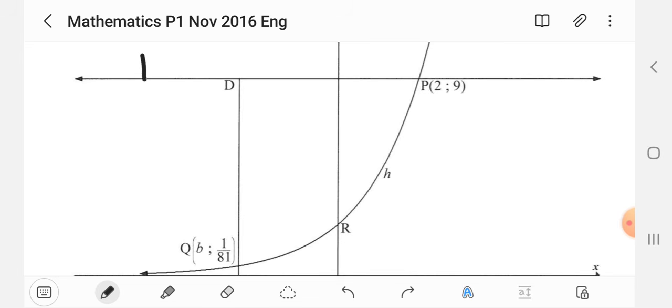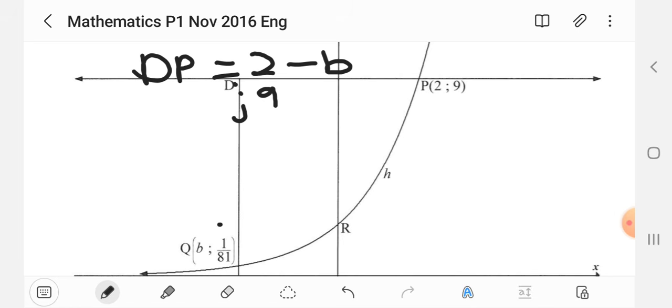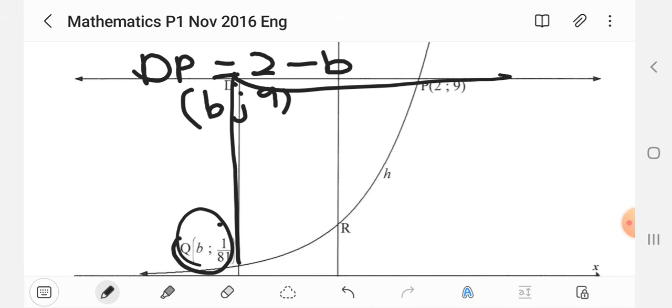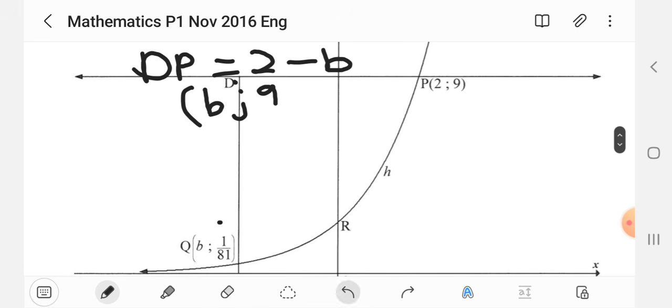So DP is equal to 2 minus B. If you can see, D's y value is 9, and then the x value is B because we don't know this one. So D is (B; 9), and the length of DP is 2 minus B.